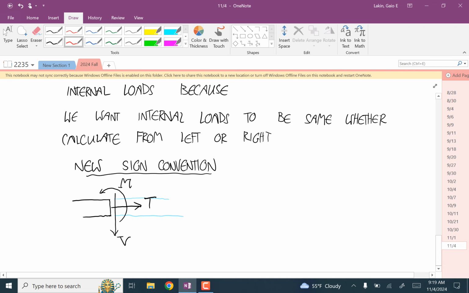So this one is called the tension. If you get a negative value of tension, then it's compression. This V is the shear force, and this M is the bending moment.